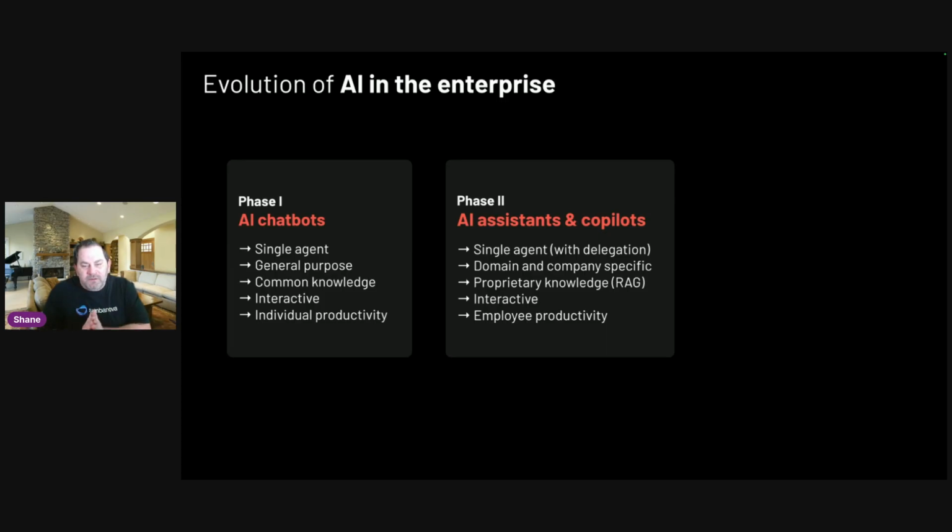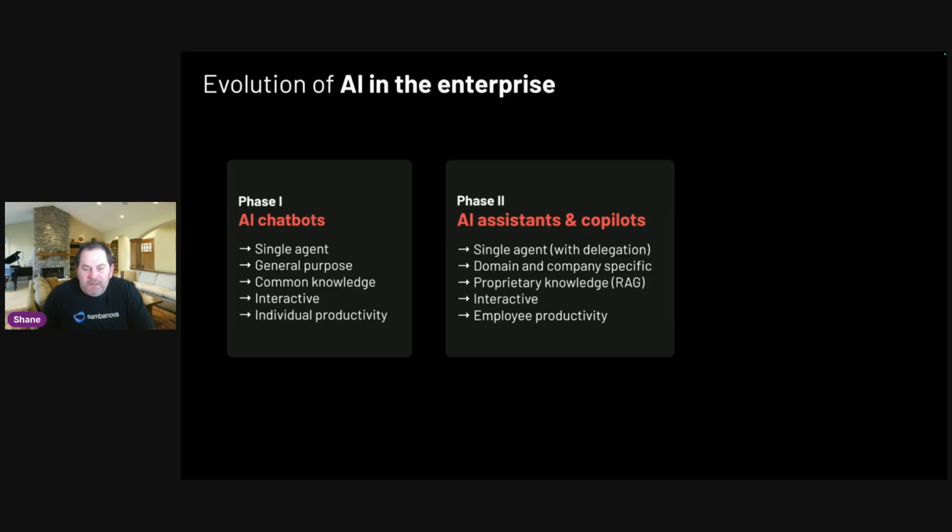Phase two, this is really where I lived at my previous AI startup. I think this notion of assistants and co-pilots, virtually all of them built with RAG, was dominating the space at that time.